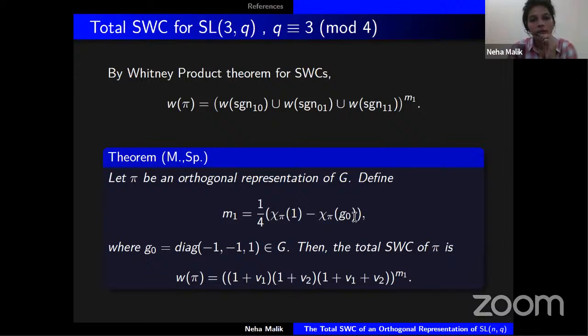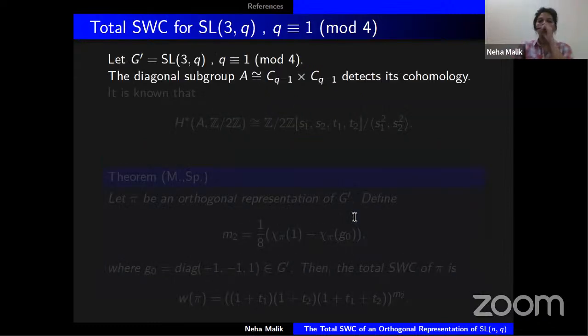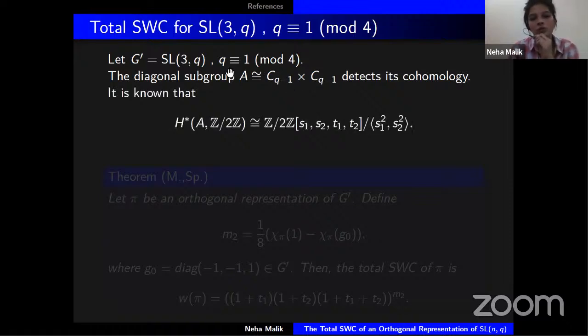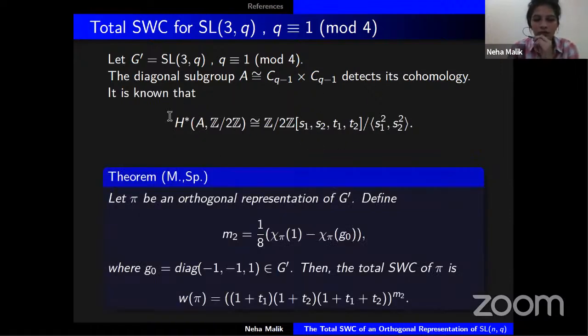Now, we have similar results for SL3Q when Q is 1 mod 4. There, the diagonal subgroup A, isomorphic to this bicyclic group, detects its mod 2 cohomology, and it is known that H star of A turns out to be this, and this is our final result.